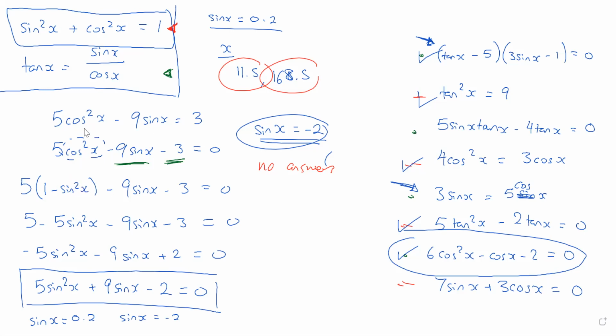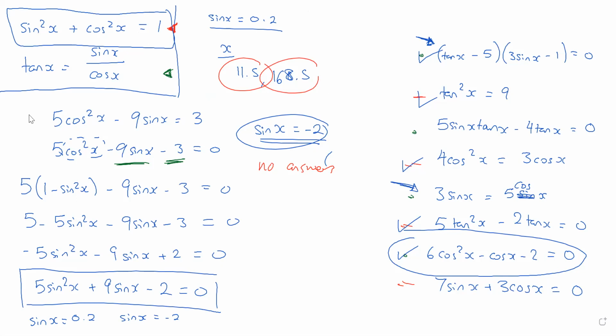So if you've got cos squared x, you rearrange to make cos squared x equal to 1 minus sine squared x and shove it in. And if it was sine squared x, you'd rearrange it to make sine squared x equal to 1 minus cos squared x, and sub it in.